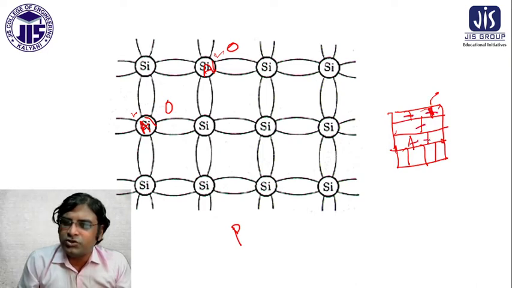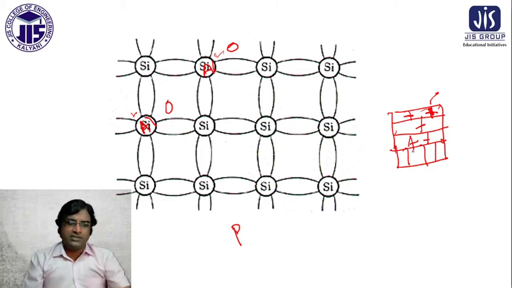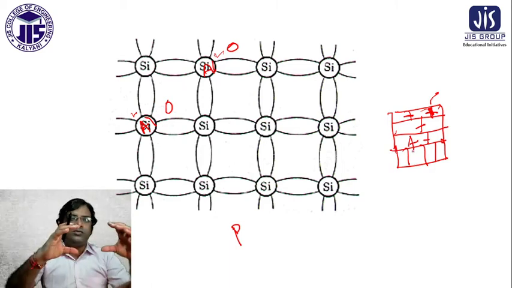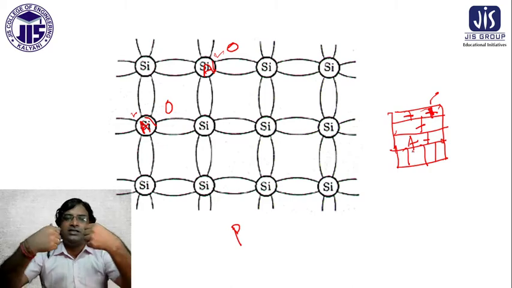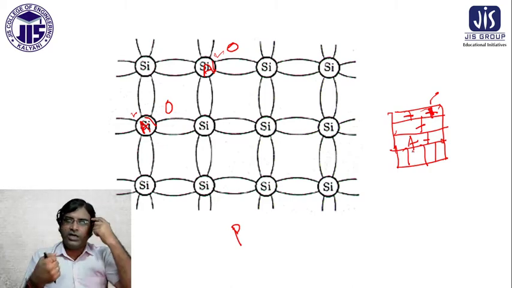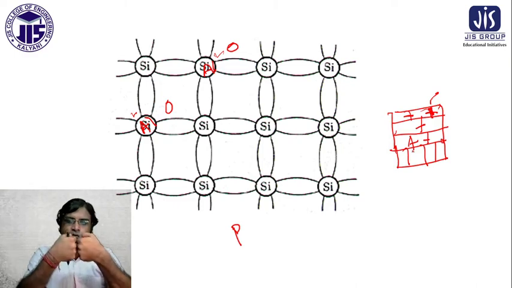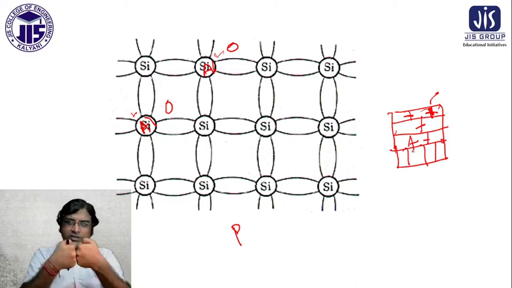All these bricks are joined by the cement. Suppose this is one brick, this is one brick, and these two bricks are joined by the cement.